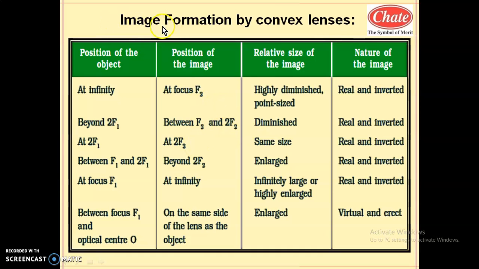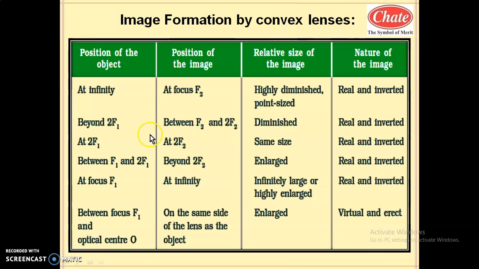Now here we are studying image formation by a convex lens. Image formation by a convex lens is again similar to image formation by a concave mirror, whatever we have studied.